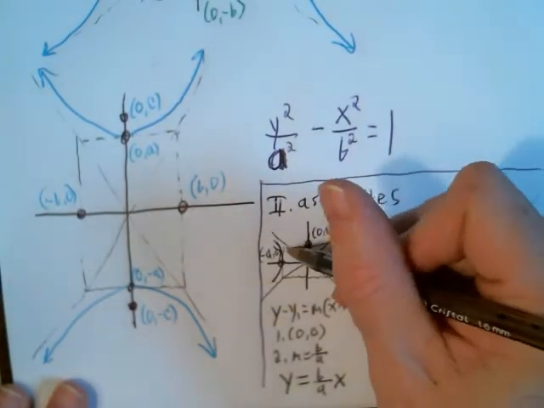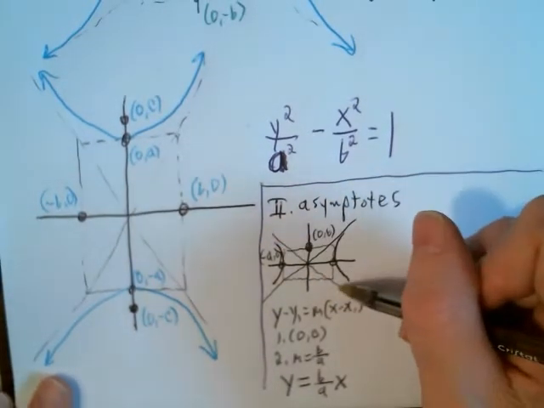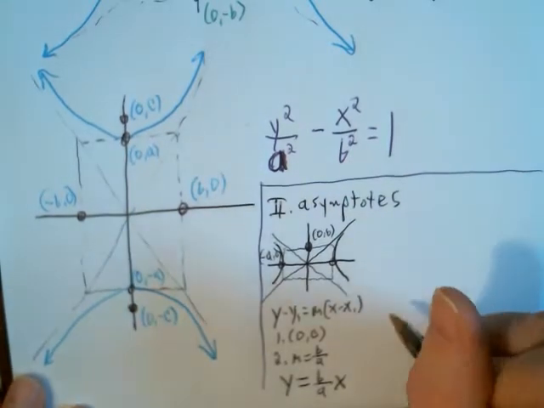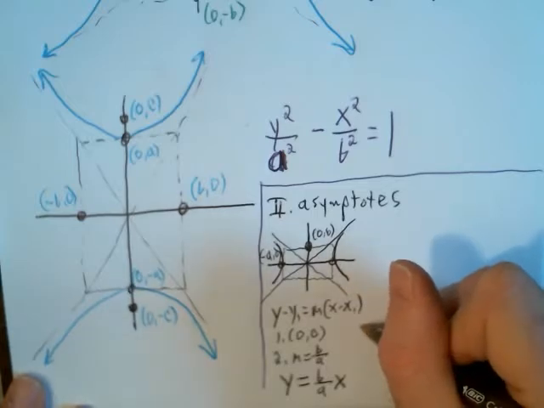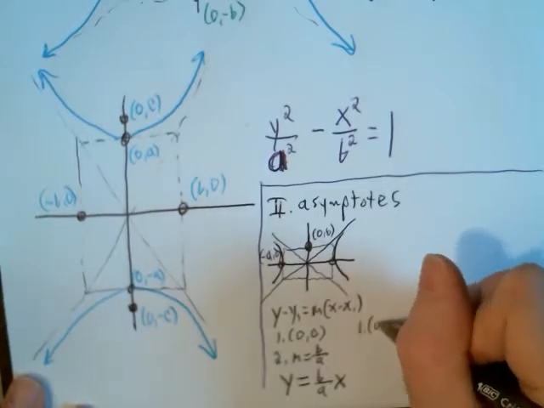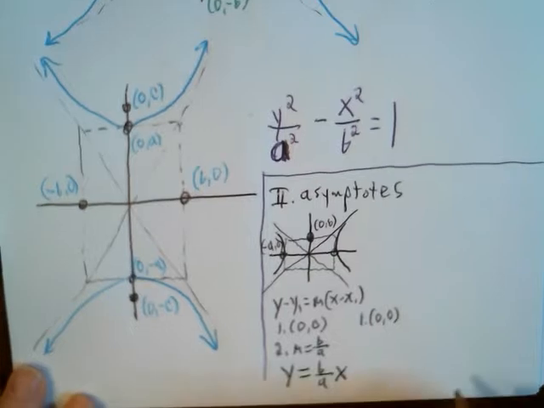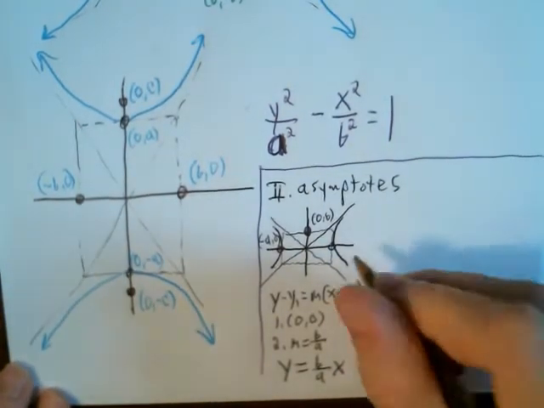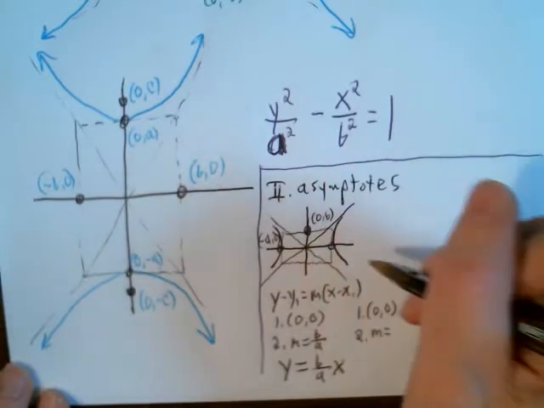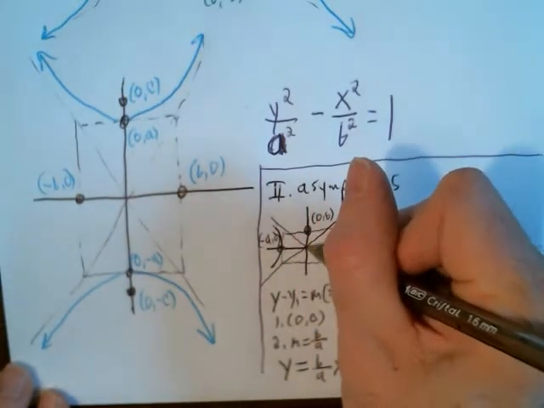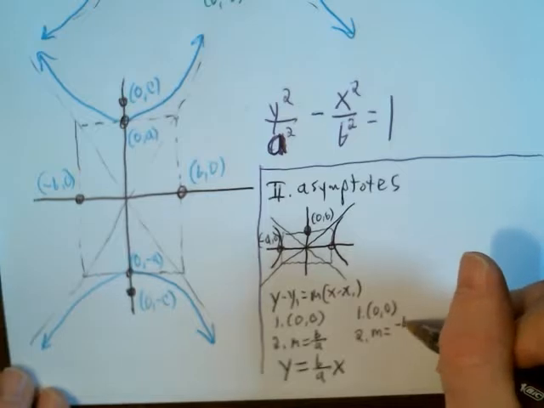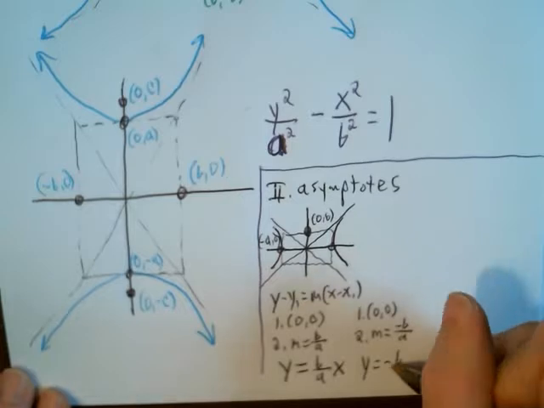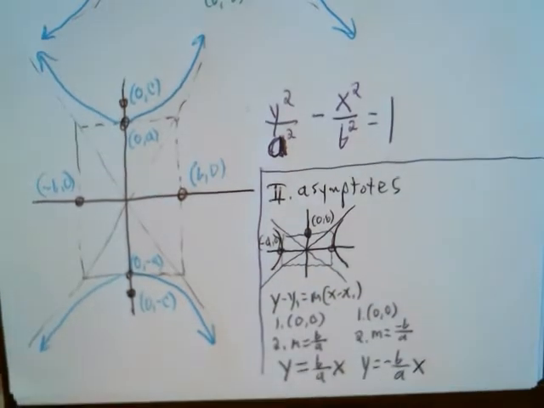For the other asymptote, this one going down, it goes through (0, 0) as well, but the slope is different. This time we go down b and then over a, so the slope is negative b over a. The formula will be y equals negative b over a times x.